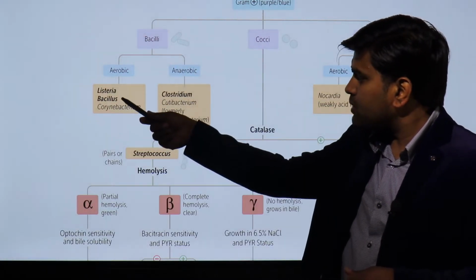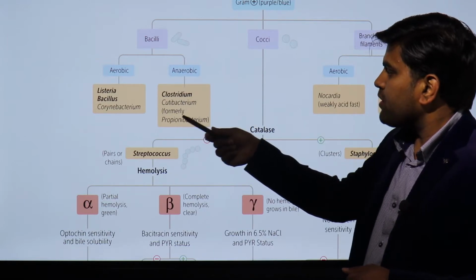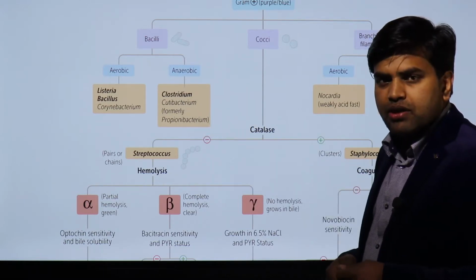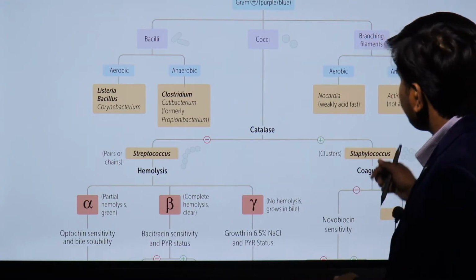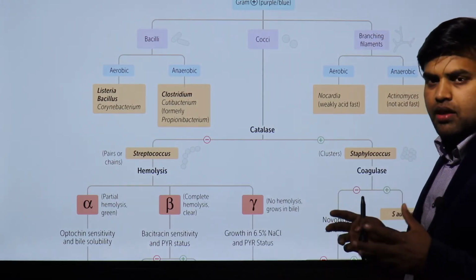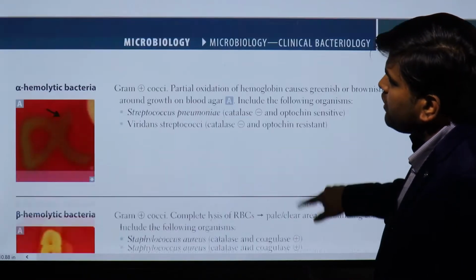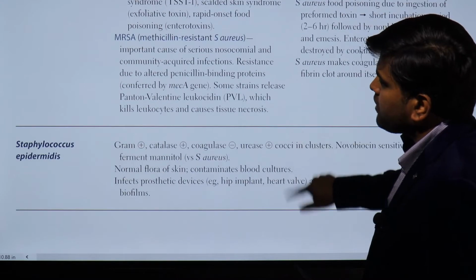Aerobic, we talked about Bacillus. Now we are talking about the anaerobic organism, that is Clostridium. The other was Cutibacterium, formerly known as Propionibacterium acnes. There are others as well, like anaerobic Actinomyces, which is a filamentous bug, and we will discuss something about that also.